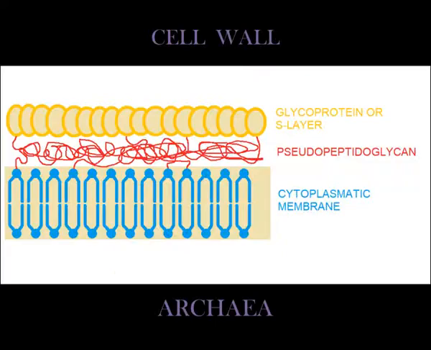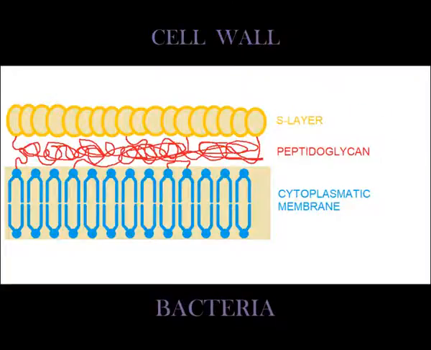Cell wall. In Archaea, the cell wall is formed by pseudopeptidoglycan, glycoprotein, or S layer. In Bacteria, it is formed by peptidoglycan, S layer, or there is no cell wall.